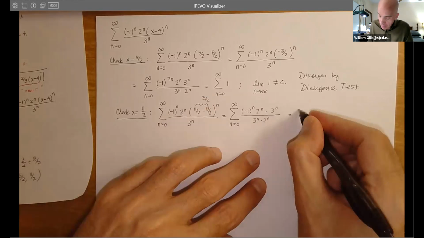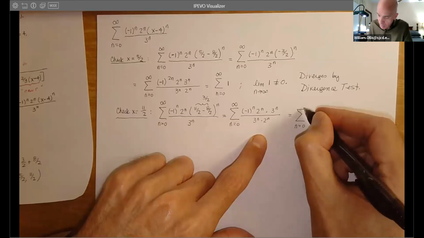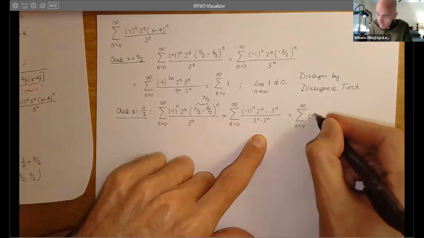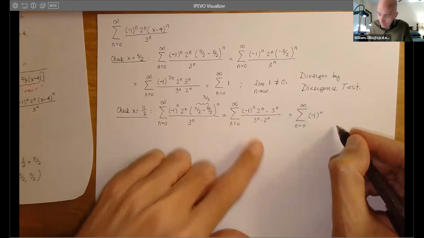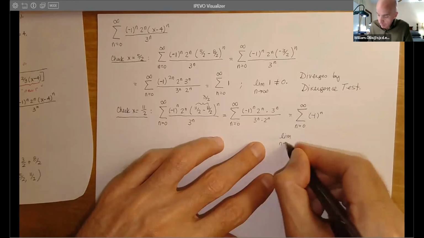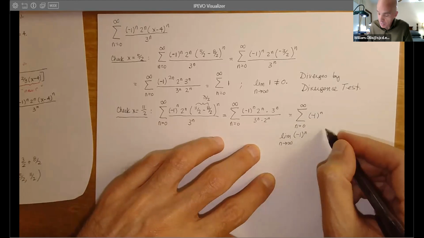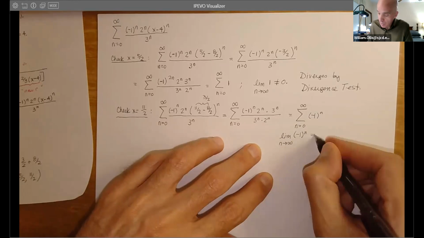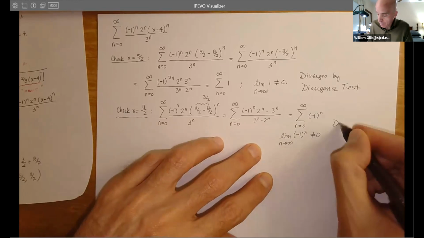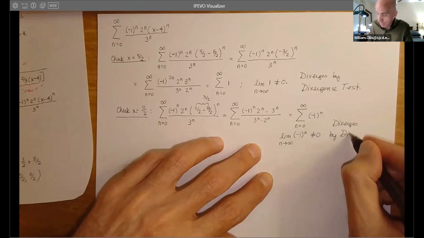So again, everything absorbs except the (-1)^n. But of course, again, the limit as n approaches infinity of this oscillating sequence is not 0. So again, it diverges by the divergence test.